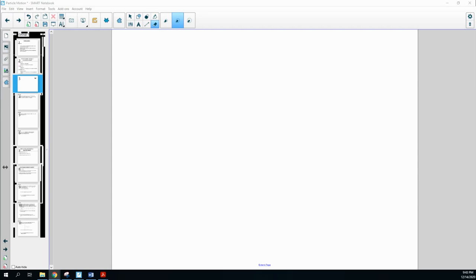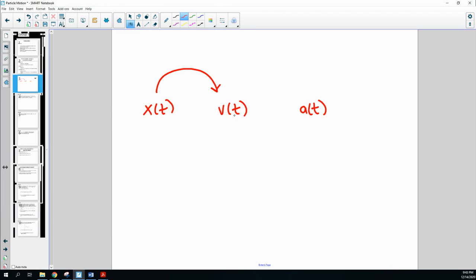So there's a diagram that we're going to draw a little bit later when we know all the things of calculus. But right now we can draw the top half. So we have position, which is x of t, velocity, which is v of t, and acceleration, which is a of t. We have to be able to get from the position to the velocity and from the velocity to the acceleration.